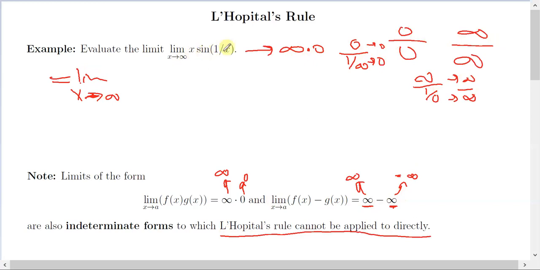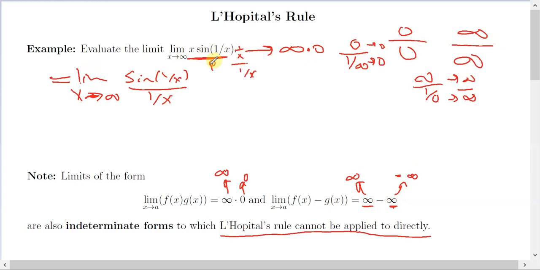I don't want to flip sine and make it 1 over sine. The x is going to be the easier one. So this is equivalent to, because how would I get this back out of the denominator? I'd flip it back out. So I can flip it in or flip it out. Now what I've really done is I've multiplied the top by 1 over x and the bottom by 1 over x.